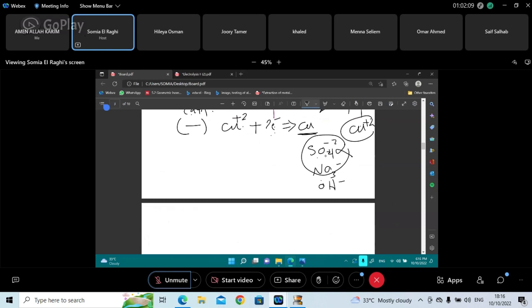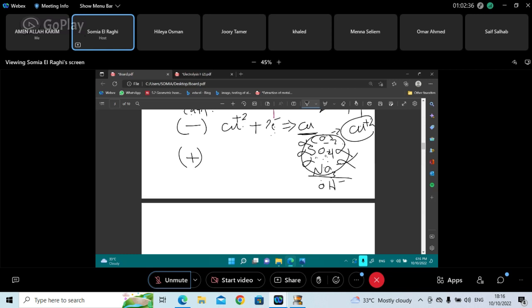They never form any material at the anode. They go, but they never form a product. Again, I repeat, if you get sulfate or nitrate or even carbonate, these polyatomic ions never ever form a product, but they may be attracted toward the anode.